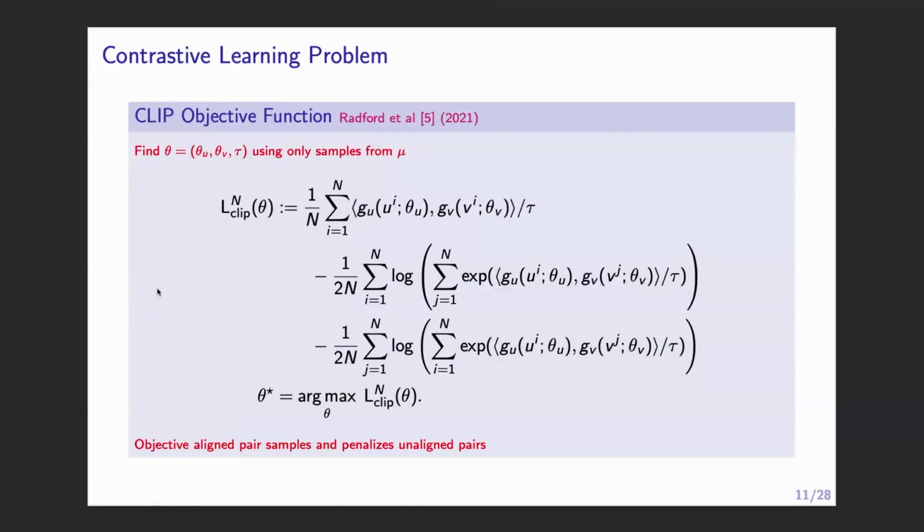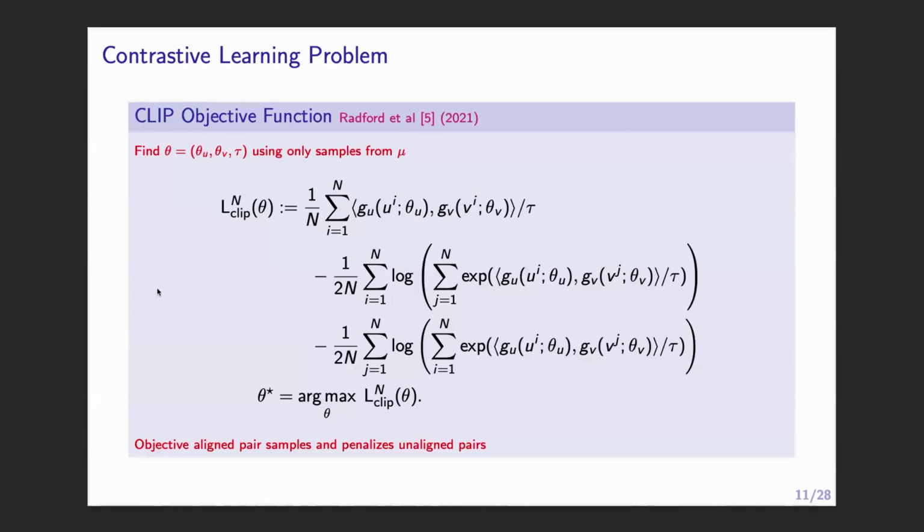Now, if we look at the objective function that we're going to use to learn these encoders, it looks like this, and I'm going to parse the pieces of the objective function that appear here. What is commonly done to find these encoders is to maximize a loss L, which I call here L_CLIP of theta.